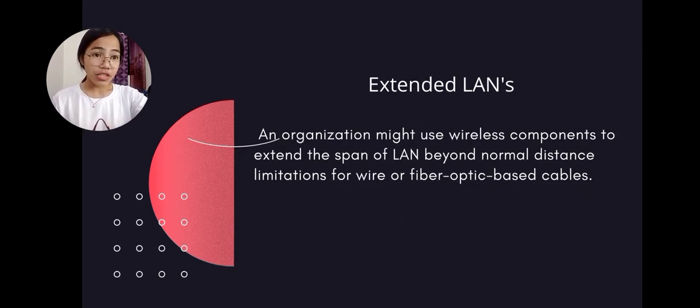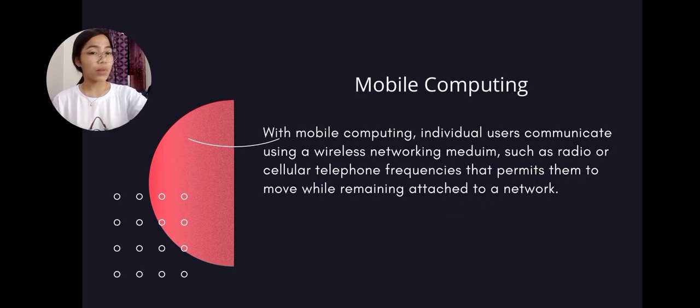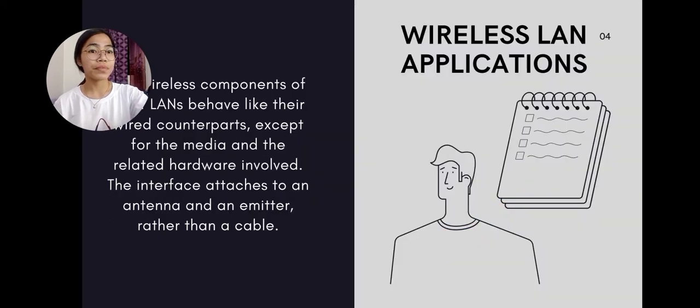An organization might use wireless components to extend the span of a LAN beyond normal distance limitations for wire or fiber optic based cables. And the last one would be mobile computing. With mobile computing, individual users communicate using a wireless networking medium, such as radio or cellular telephone frequencies, that permits them to move while remaining attached to a network.